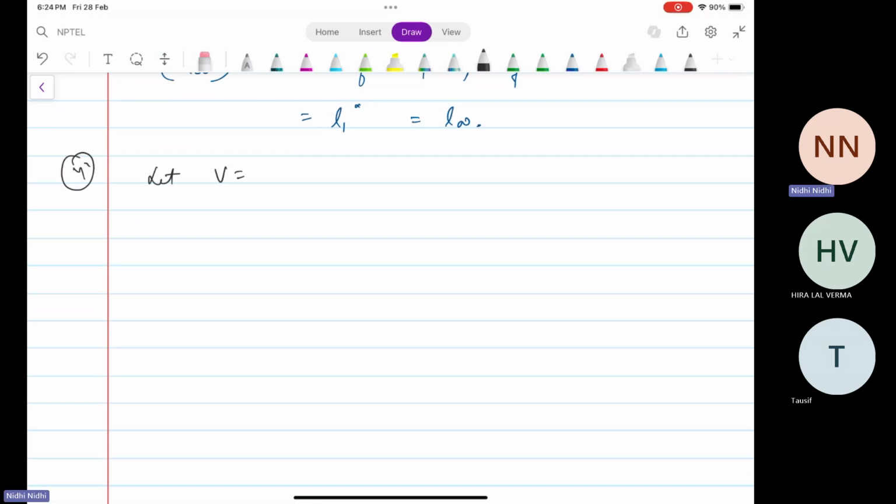Let V be equal to L infinity and consider C, the set of all convergent sequences, to be a subset of V. This is the space of all convergent sequences.